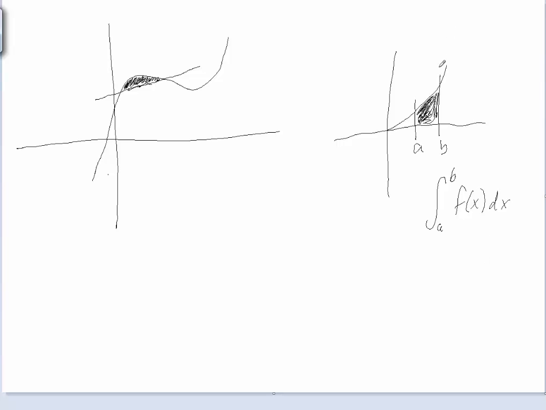And what we said, we can take the area less than, so we get the antiderivative of b minus the antiderivative of a. That gives us our area under the curve. So we take the total area to the left of b, subtract the area to the left of a, and we get what's in between a and b.